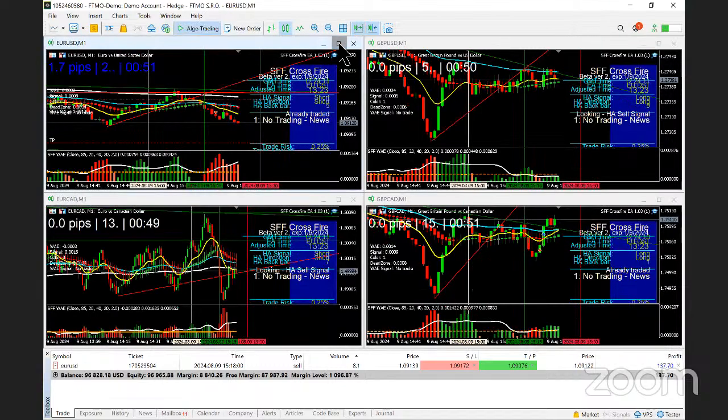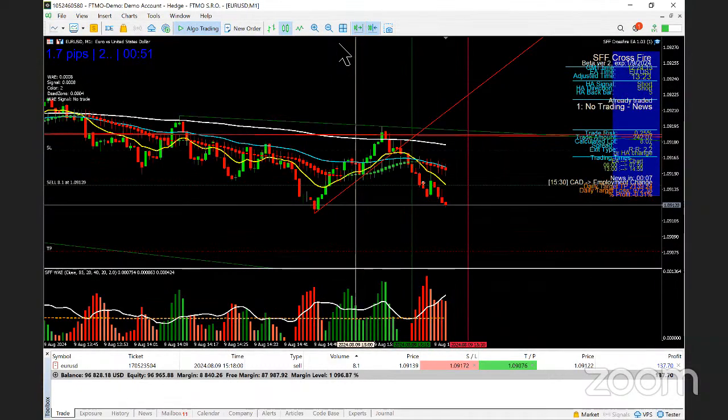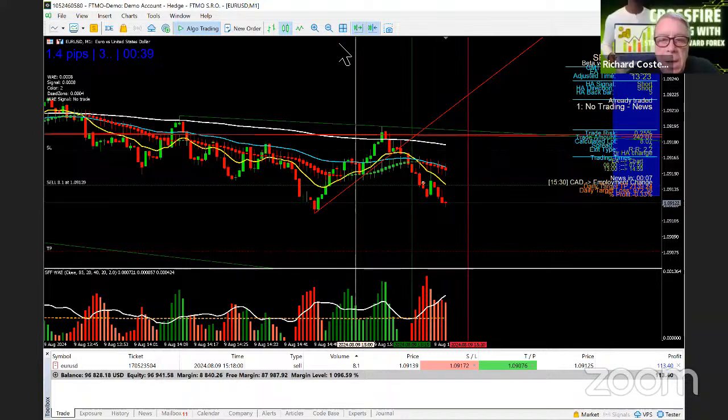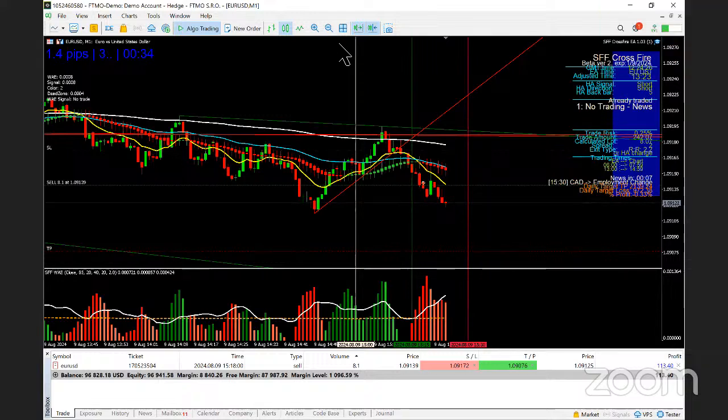Richard, if you've got all the pairs on one trading set up on the same magic number, though, it won't lose you more than 2%, will it, or whatever your setting is? Well, I can dictate how much it's going to lose. Yeah. But if you've got them set up like that, even if it got you into 4 pairs, if they were all losing, it still wouldn't go past whatever your setting is.